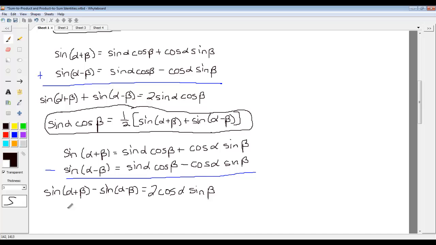Divide both sides by 2. You have cosine alpha sine beta equals 1/2 times sine of alpha plus beta minus sine of alpha minus beta. And there's your fourth of these identities.